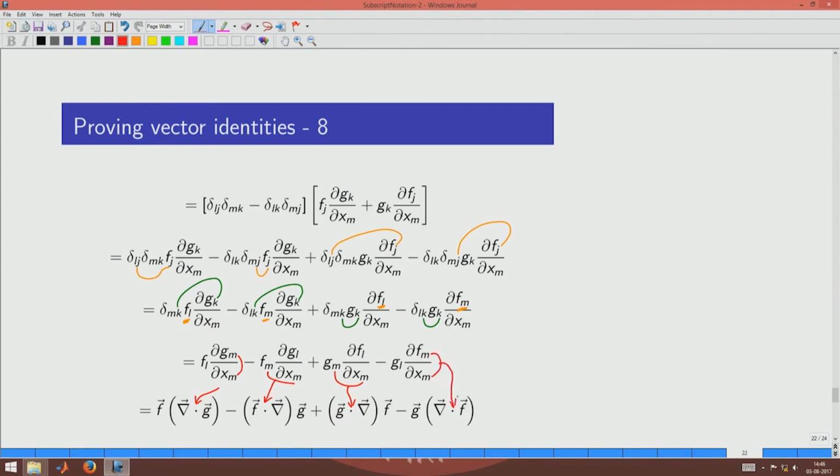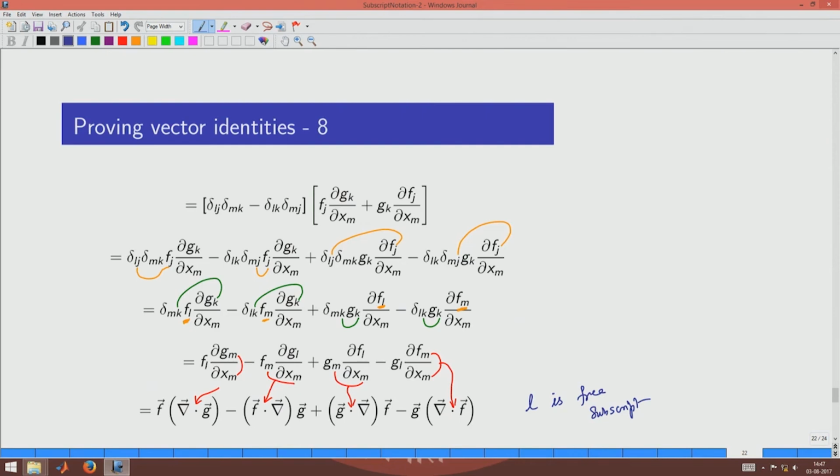So, whenever you have got the subscripts matching, then you have got the dots coming in, and whatever is a free subscript is basically the vector, and in our case what is the free subscript? It is l.